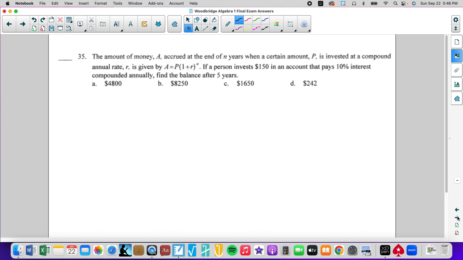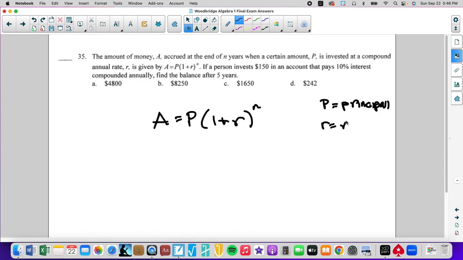I love this problem. This is compounding interest. So we have A equals P times the quantity 1 plus R times N, where A represents the balance, your final value. P is your principal, your starting money.